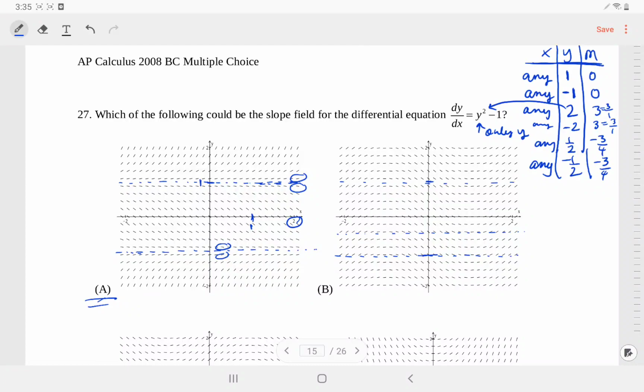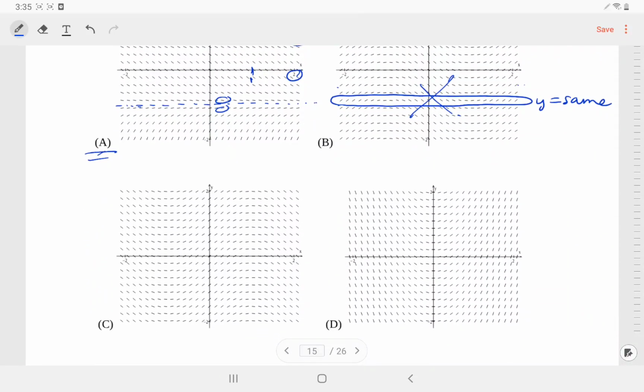Not just they have to be 0, but they have to be the same. So I'm thinking this one can't be it. Because if I look at this row where all the y values are the same, where the x's are the only thing that's different, they do not have the same slope. So this is definitely not it.